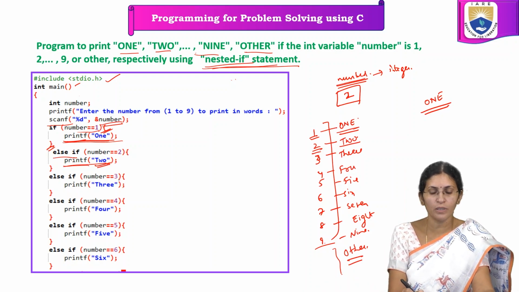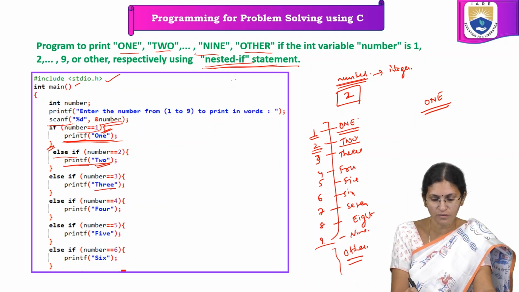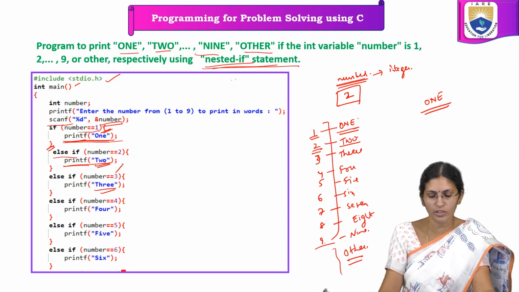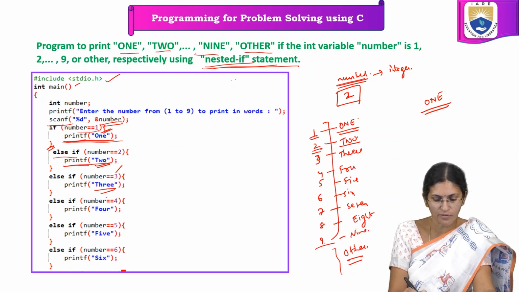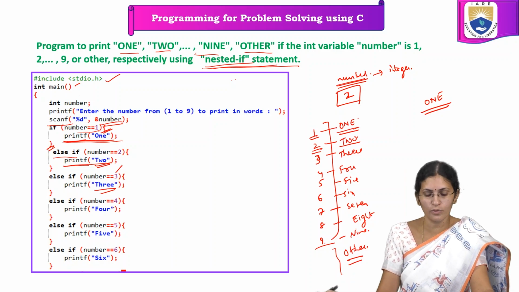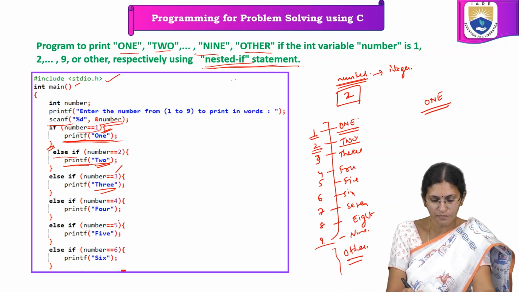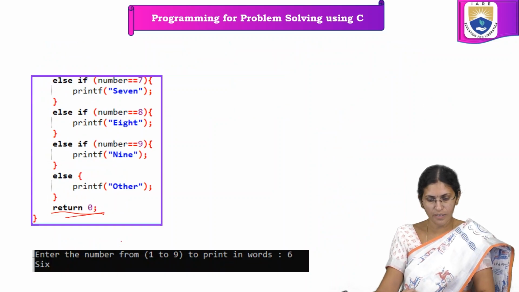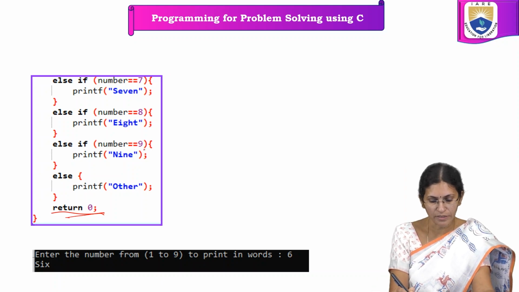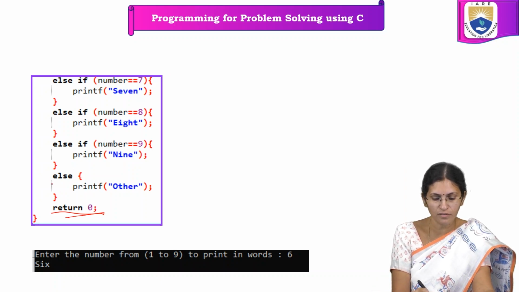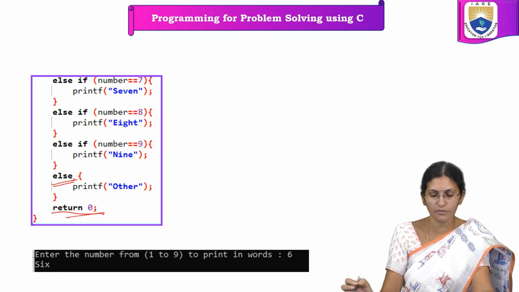Else if number is equal to 3, print 3. Else if number is equal to 4, printf 4. Else if number is equal to 5, print 5. Else if number is equal to 6, print 6, and so on up to 8. At the end, by using the else statement, we can printf other.